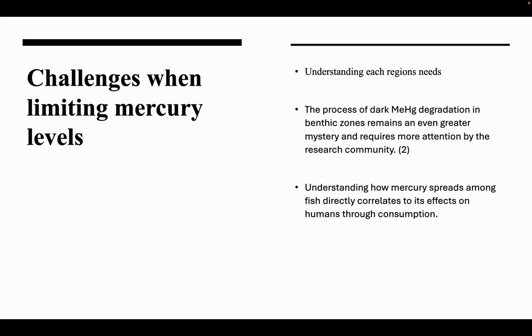Some of the challenges when limiting mercury levels is understanding what each region needs, due to different factors like climate and the geographical landscape. Each region will have different amounts of mercury, so you have to understand what each region needs.